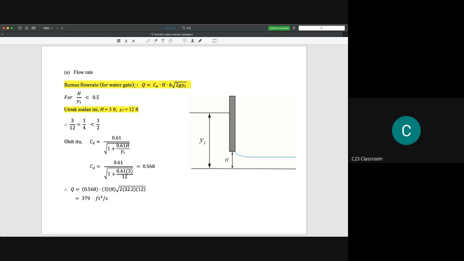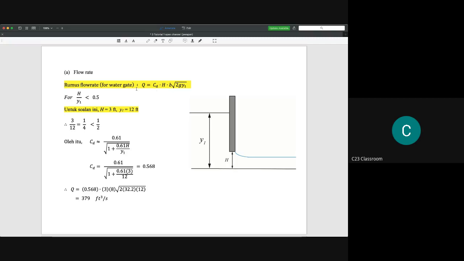This equation already appeared in fluid mechanics 1 when we learned about the Bernoulli equation and flow rates. We had the proof in fluid 1.